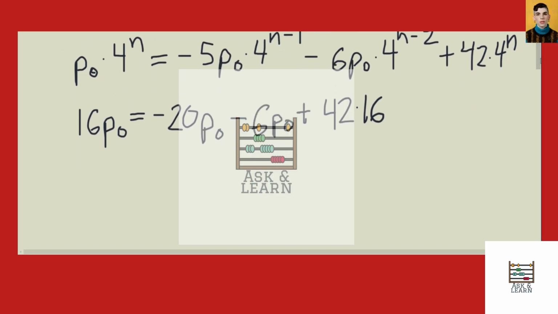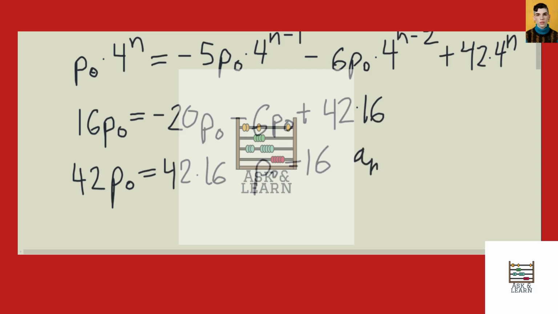And so we have that 16 plus 20 is 36, plus 6 is 42. So 42 p0 equals 42 times 16, and P0 is equal to 16. So the particular solution is simply 16 times 4^n. This is the same as 4^(n+2).